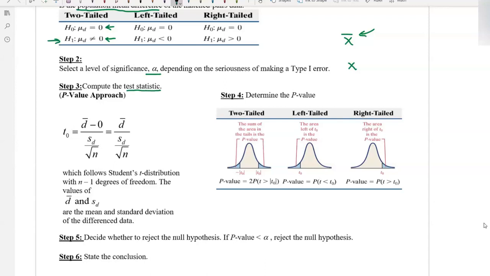Then divide by this s, the standard deviation. Again, d is difference. Divided by square root of n, n is sample size.